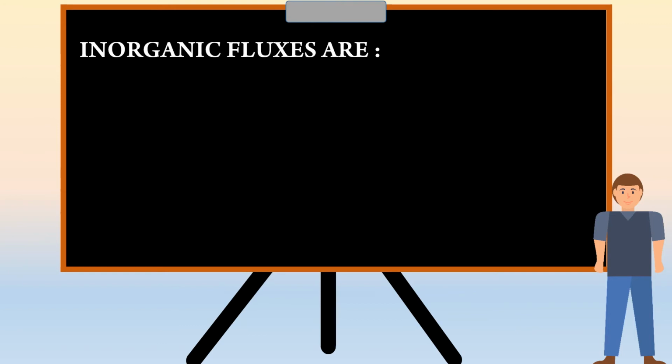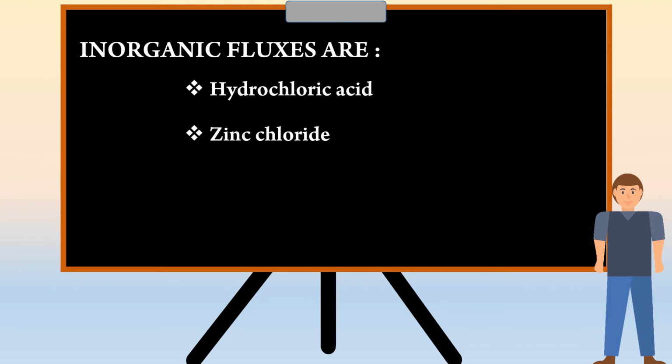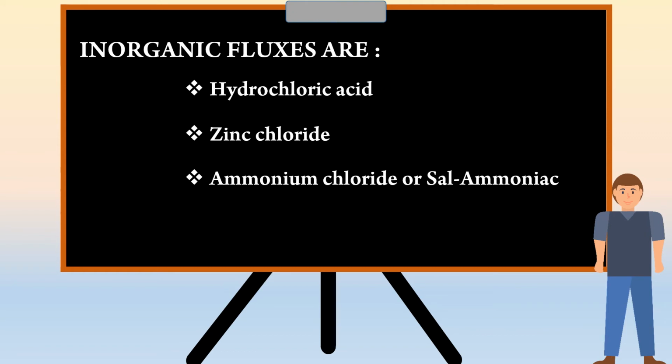The inorganic fluxes are classified as: first, hydrochloric acid; second, zinc chloride; third, ammonium chloride or sal ammoniac; and the last, phosphoric acid.